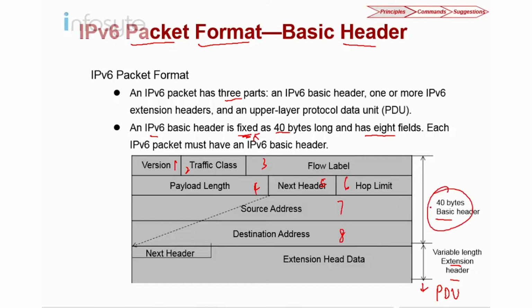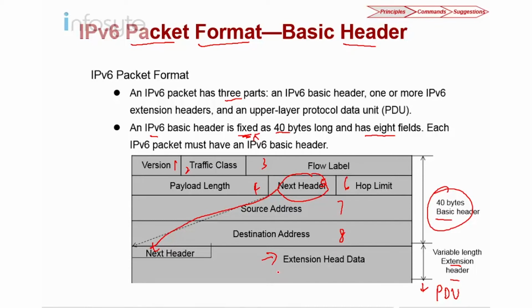Now this is our basic field. Now on top of that, you notice that the IPv6 has this next header that continues below. So you can have multiple next headers which allow them to extend. Now that is the secret of the IPv6.